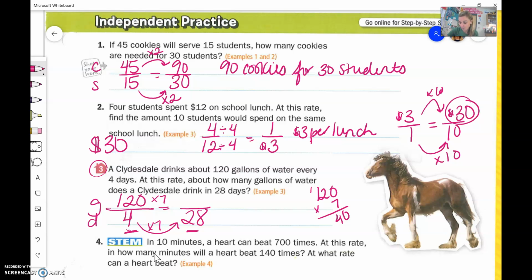Bring up your 10. 7 times 1 is 7, plus 1 is 8, so 840. So 840 gallons of water in 28 days. That's a lot of water. My goodness, that's a bunch.